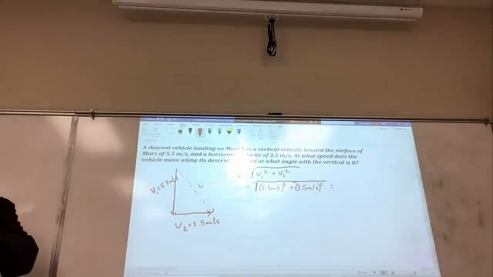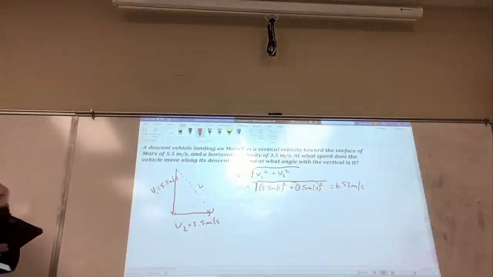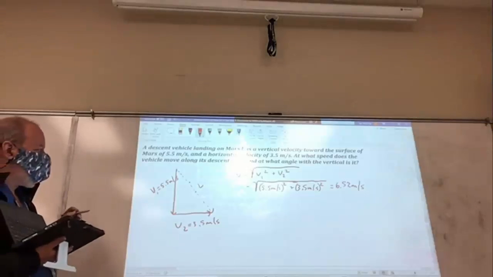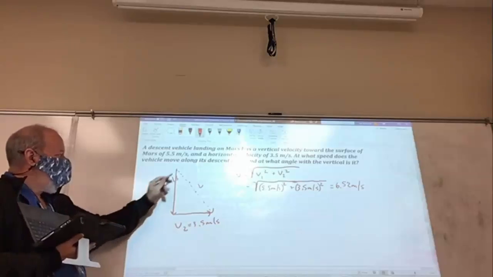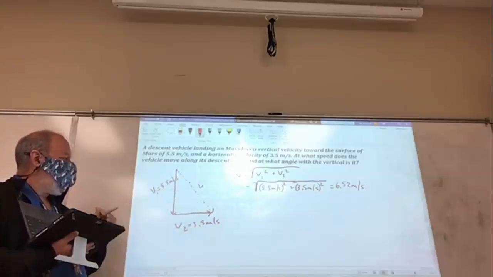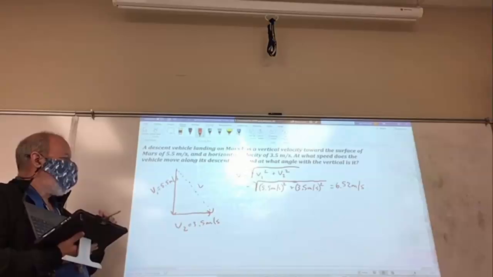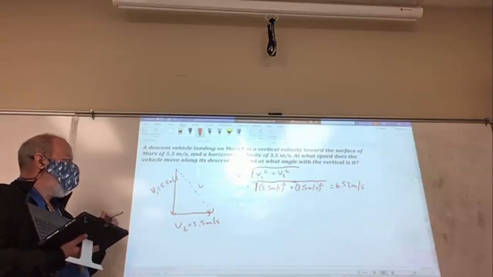I get 6.52 meters per second. So its actual velocity is 6.52 meters per second.